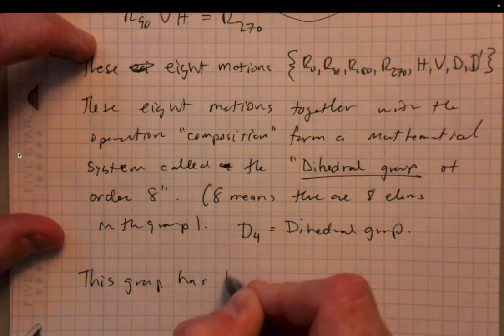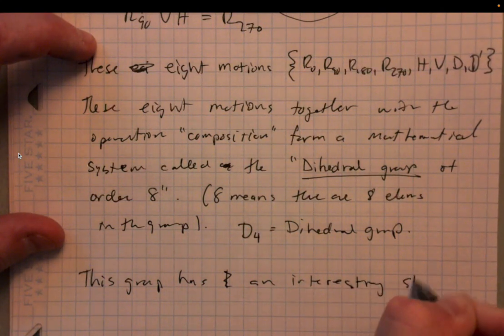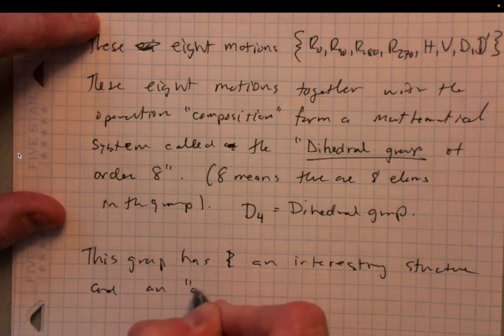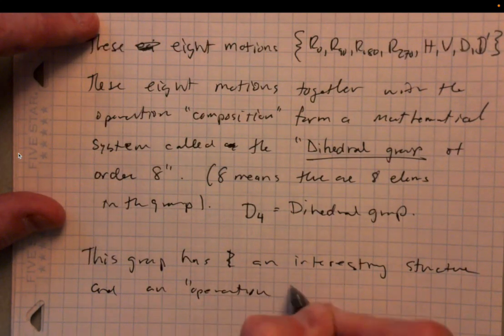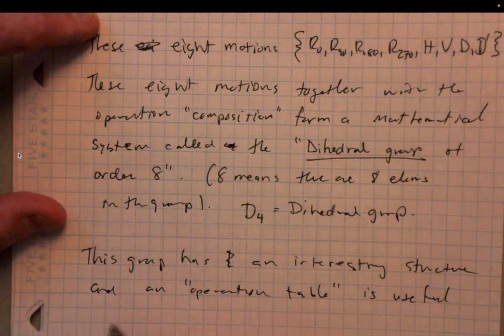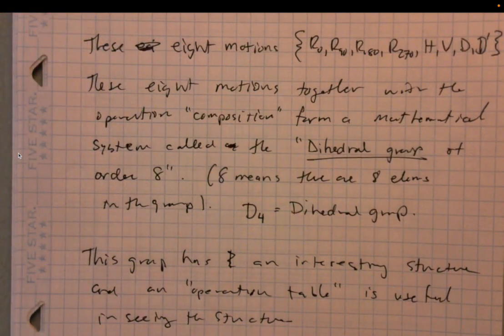This group has an interesting structure, and an operation table is useful in seeing the structure. Okay, so we're going to build this table quick.